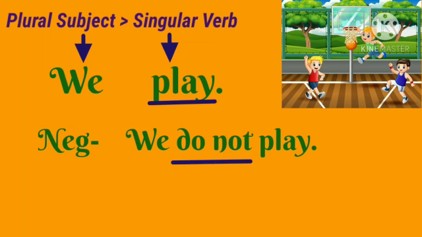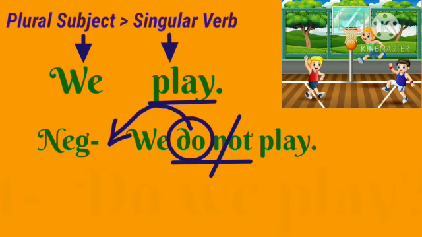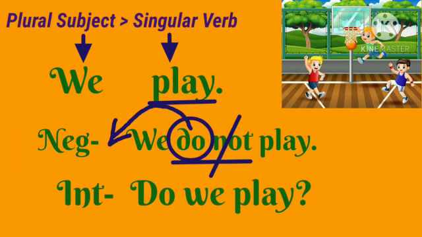Now let's make it interrogative. Now we will only bring the do to the beginning of the sentence and omit not. Then we will easily have its interrogative form. So it will be: Do we play?